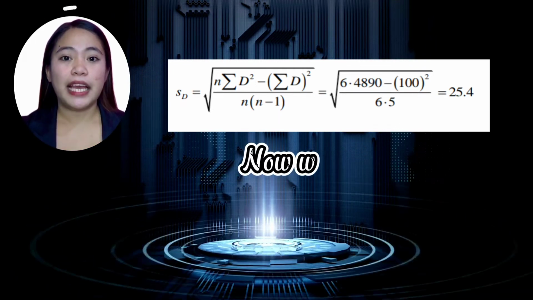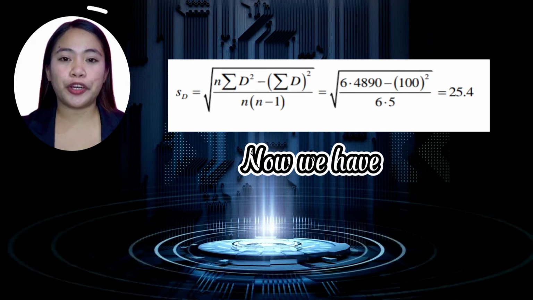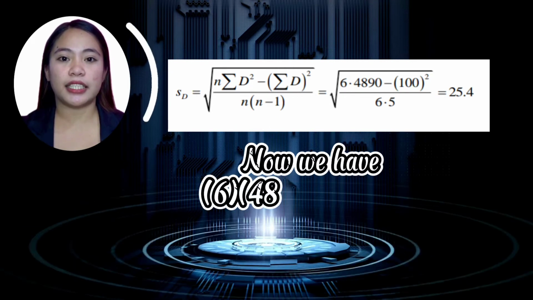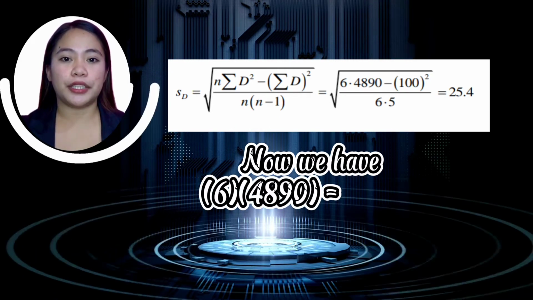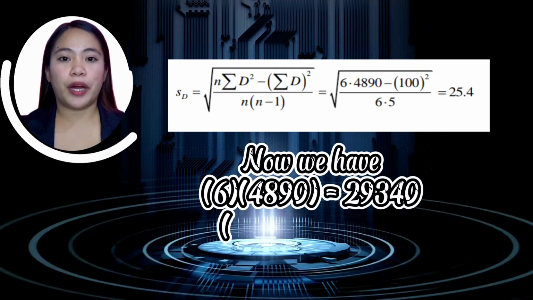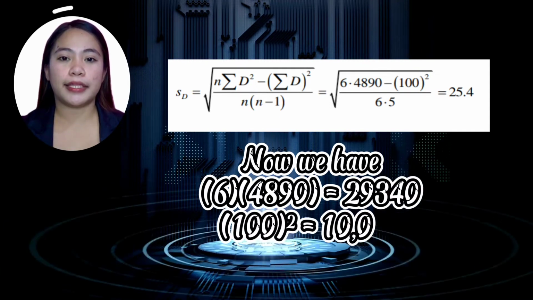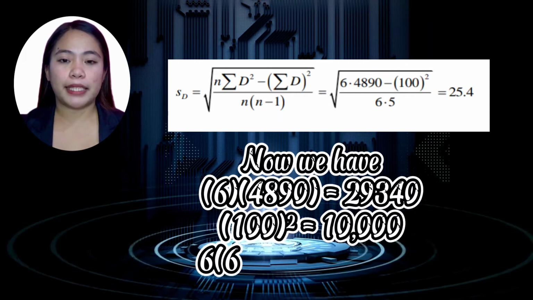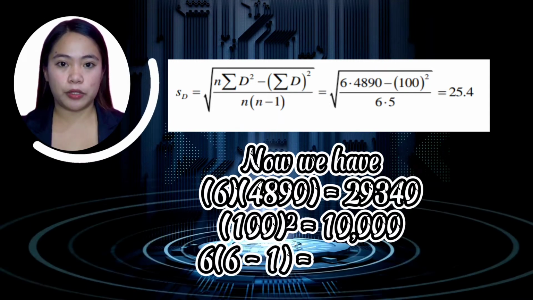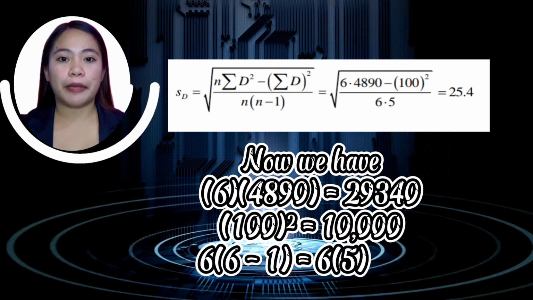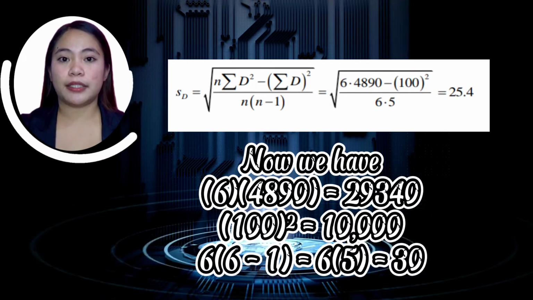Now we have 6 multiplied by 4,890 is equal to 29,340, and 100 raised to 2 is equal to 10,000, and 6 multiplied by 6 minus 1 is equal to 6 multiplied by 5, equals 30.